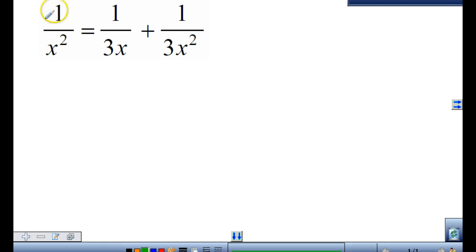Just add multiplying on top and bottom. So common denominator, what would it be for x squared, 3x, 3x squared? And you come up with, what is it? 3x squared, be the common denominator.